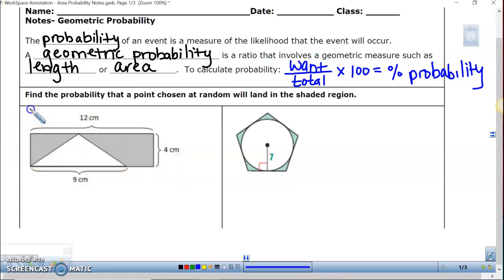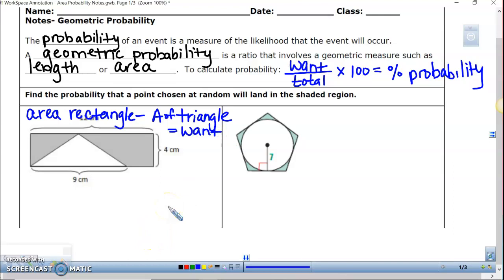We're going to find the area of the rectangle, and we are going to subtract out the area of the triangle. And when we do that, this is going to equal what we want.